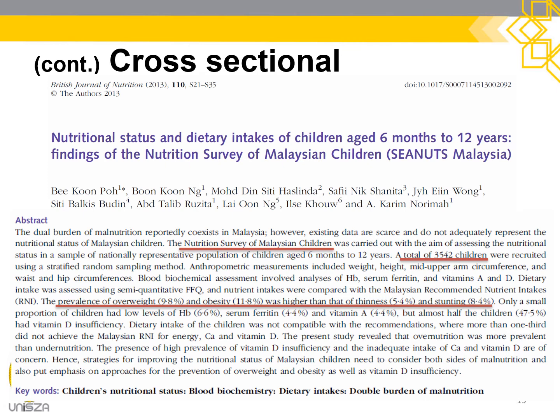This is a cross-sectional study because it studies Malaysian children, where 3,542 children were involved. And the findings show the prevalence of overweight is 9.8% and obesity is 11.8%, which was higher than those of thinness at 5.4% and stunting at 8.4%. So this kind of study gives us prevalence.